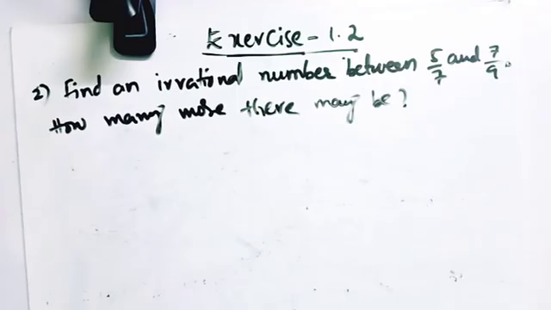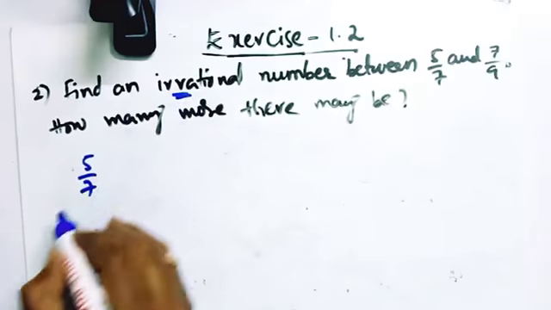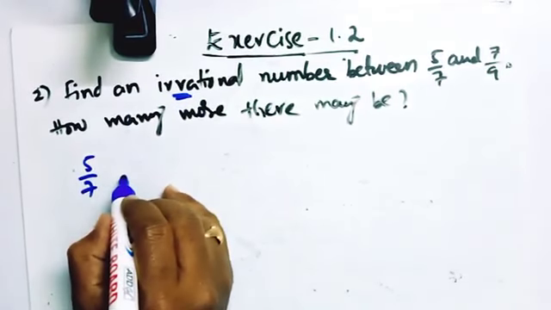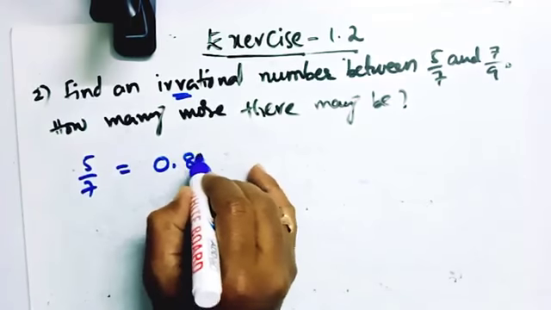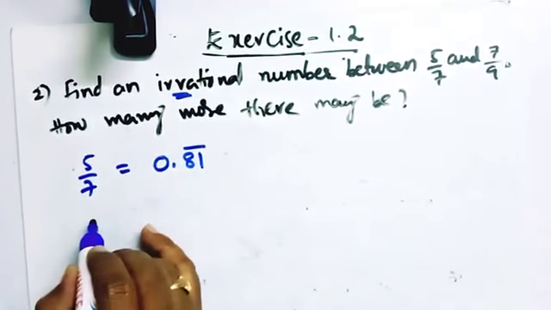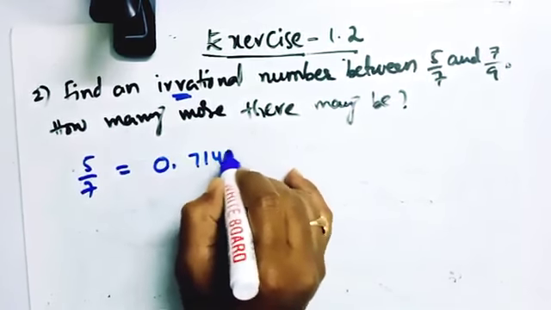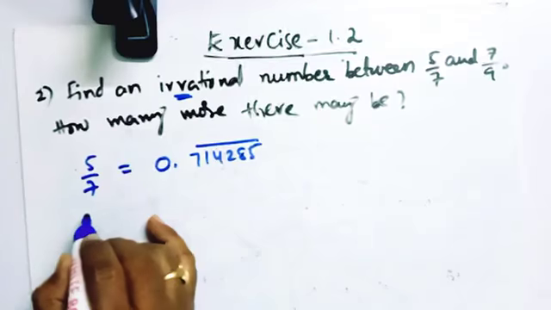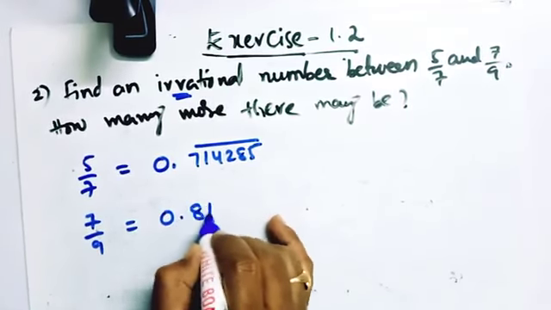Next question, find an irrational number between 5 by 7 and 7 by 9. How many more can there be? So here we are going to find an irrational number, so we can't use the formula a plus b by 2. 5 by 7 you can write as a decimal number, you will get 0.714285 bar. Next, if you write 7 by 9 as a decimal number, then you will get 0.81 bar.